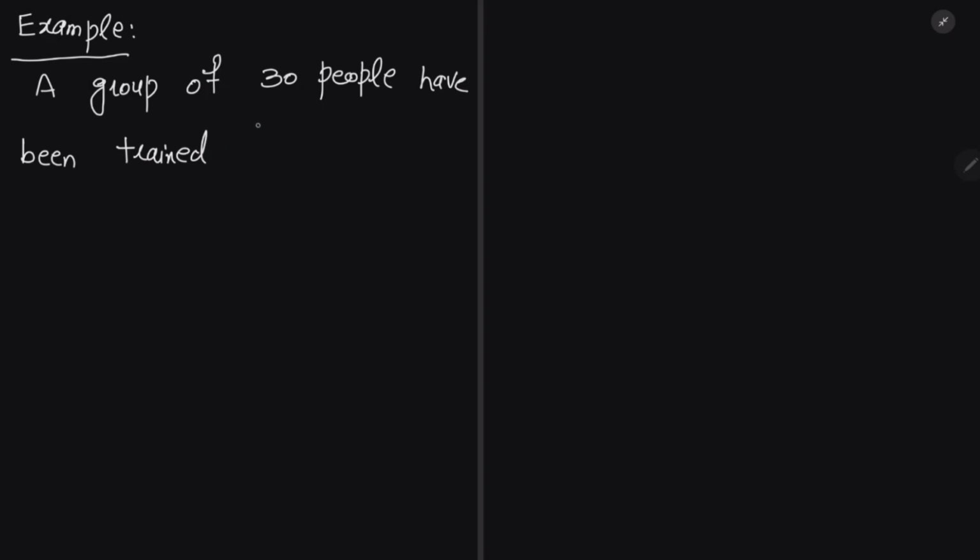Example: suppose a group of 30 people have been trained as astronauts to go to Mars.